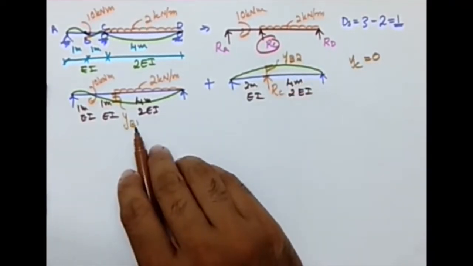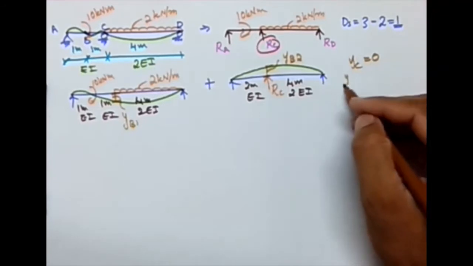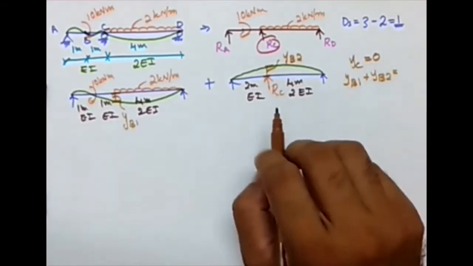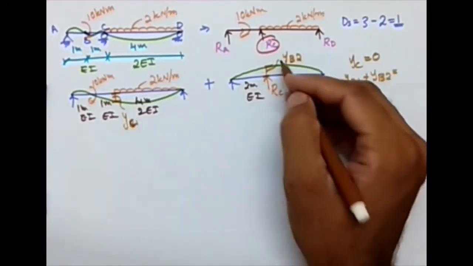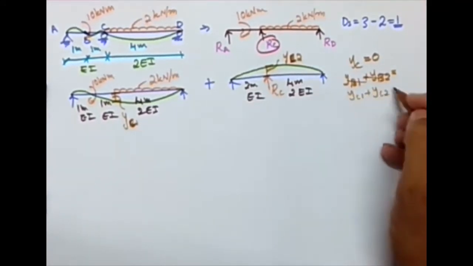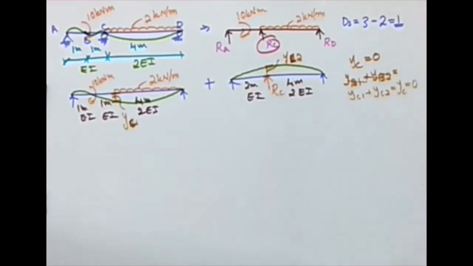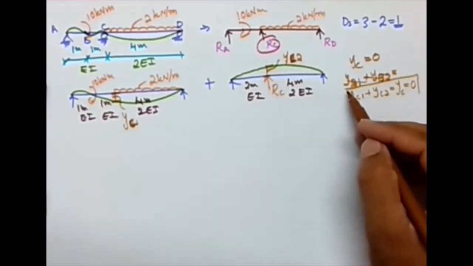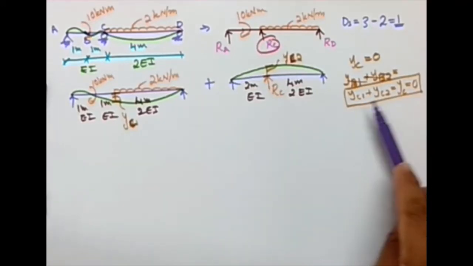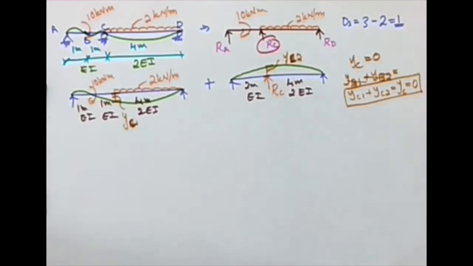This is the first substructure, so YC1, second substructure YC2. So my compatibility equation: YC1 plus YC2 should be equal to YC, which is equal to 0. So that's what my compatibility equation is. Now I can apply the unit load method to calculate the different parameters YC1, YC2 and get the solution.